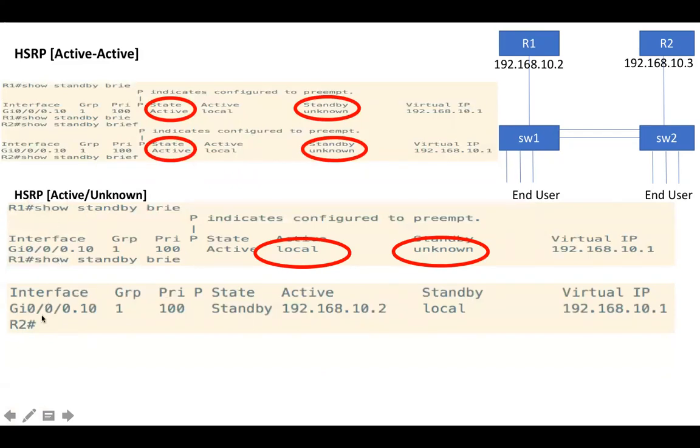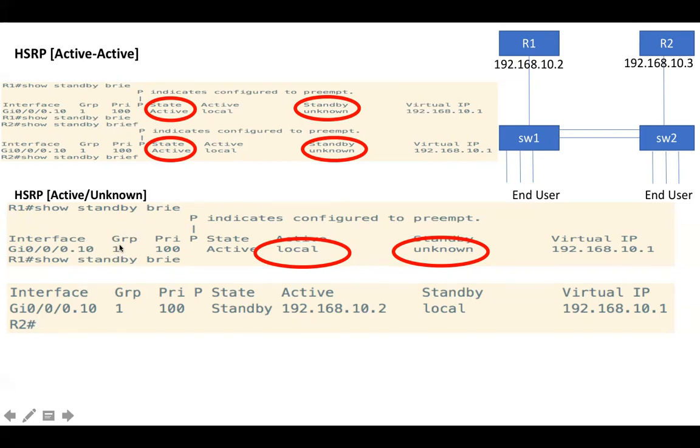As per this output at R2, R2 is saying I am the standby router and R1, which has IP address 192.168.10.2, is active router for this particular group. At same time, R1 is saying I am the active router and I don't know who is standby router for this particular group.